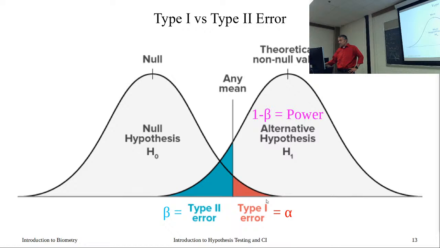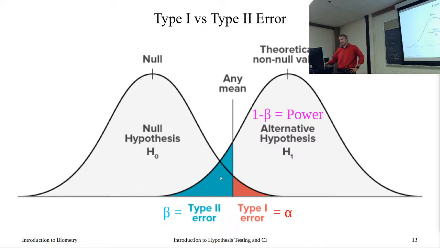For all of our differences above that, we're getting a huge chunk of our actual condition, that alternate hypothesis, which happens to be true. But for some of those, this area under the curve, we should be rejecting it, but we don't. We fail to reject it. That represents our beta, or the type 2 error.